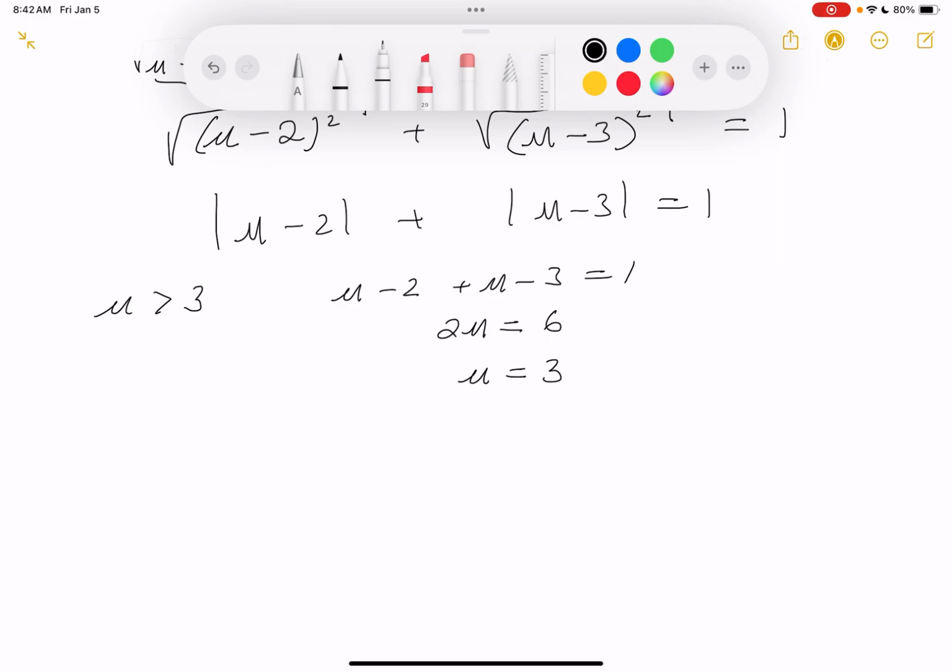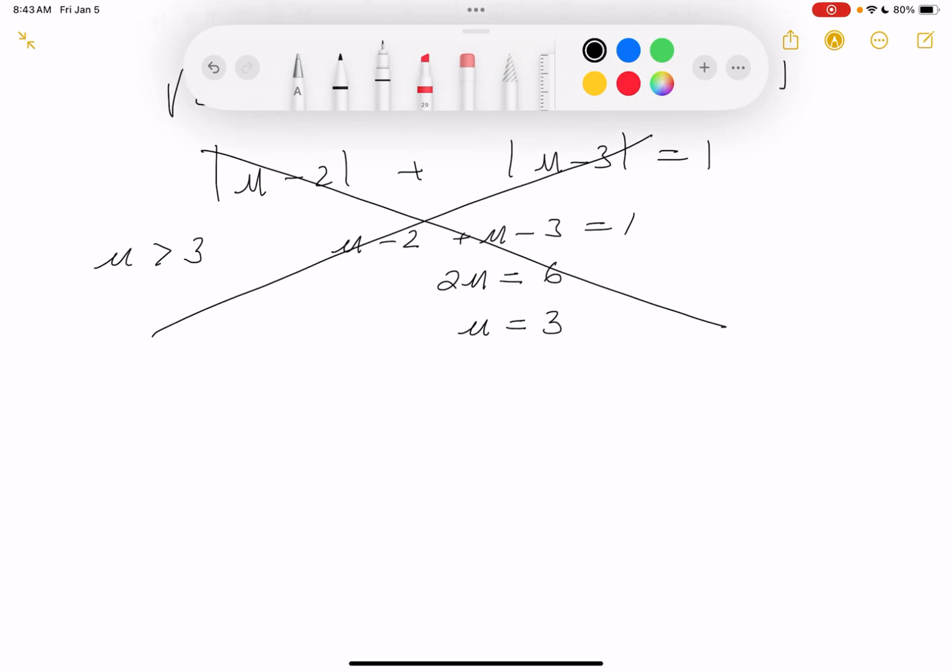Well, if I say u is greater than 3, I'm going to throw that one out. Now, the next thing I want to do is write down if u is between 2 and 3. I already did above 3. Then last but not least, I'll do when u is below 2.